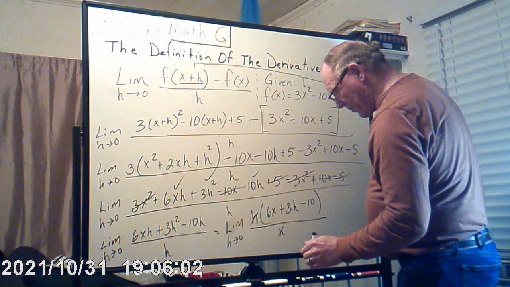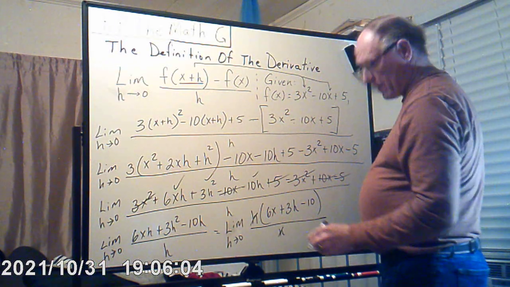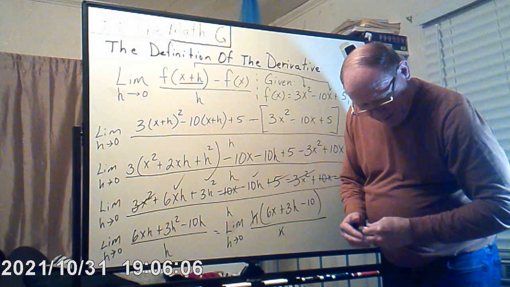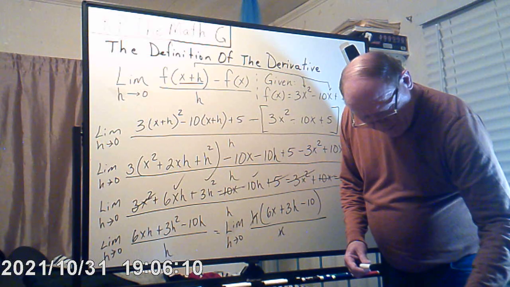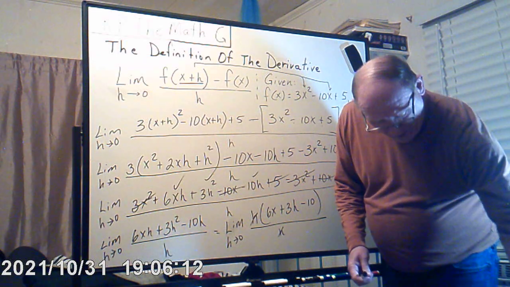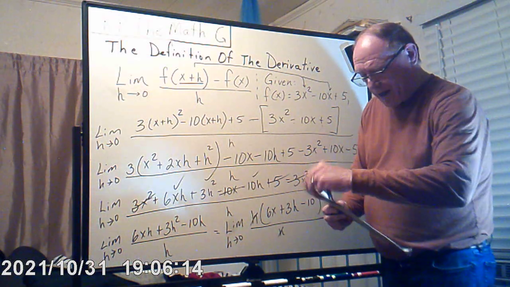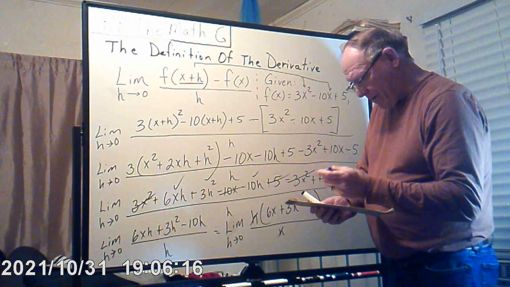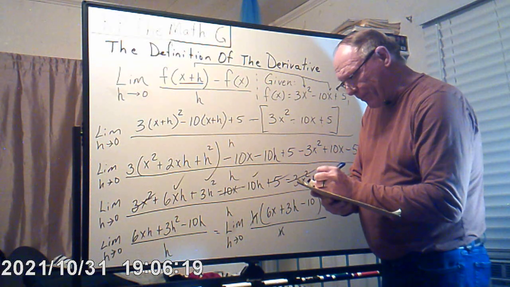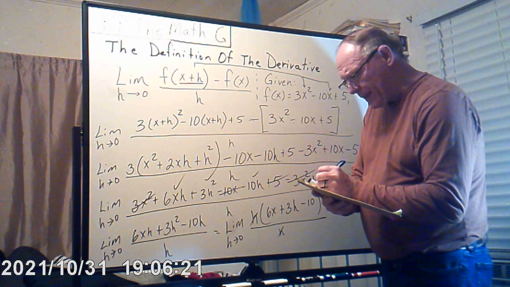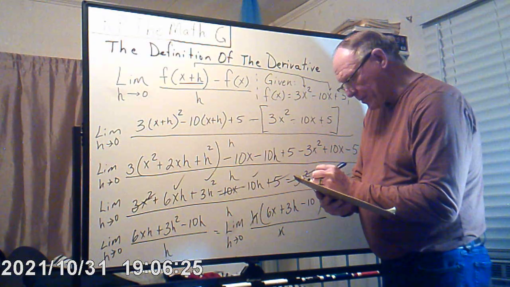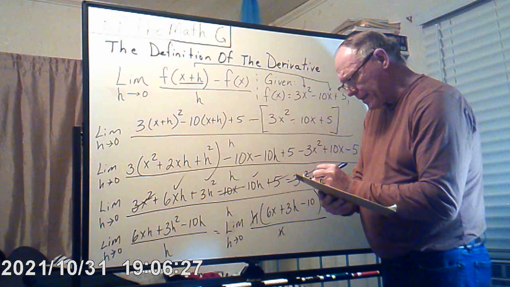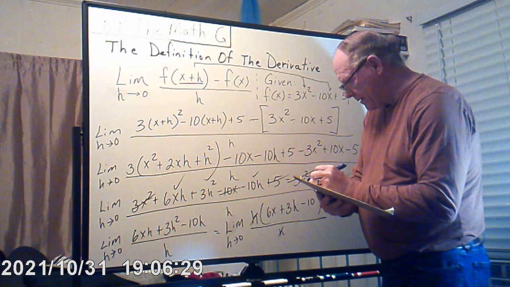And look right here, I've got h being 0. So let's flip this over. Let me write this down so that I'll know what I have, because when I flip it over, I'm likely to forget. Right now we have the limit as h approaches 0 of 6x plus 3h minus 10.